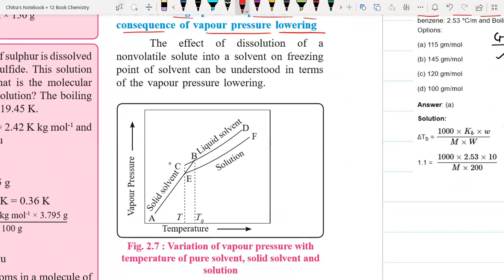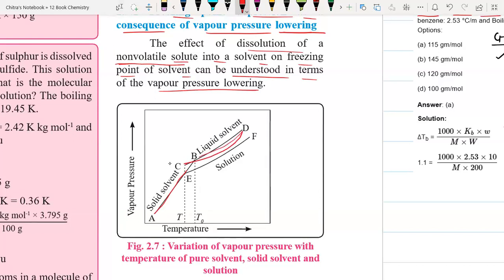The effect of dissolving a non-volatile solute on the freezing point of the solvent can be understood in terms of vapor pressure lowering. So here we have the solid solvent, and this is the liquid.